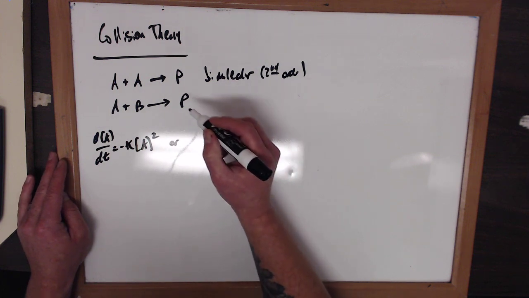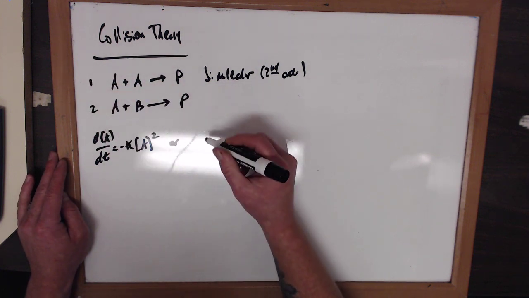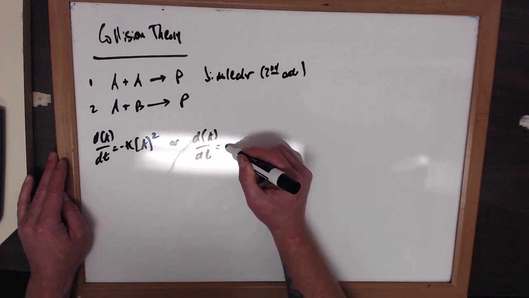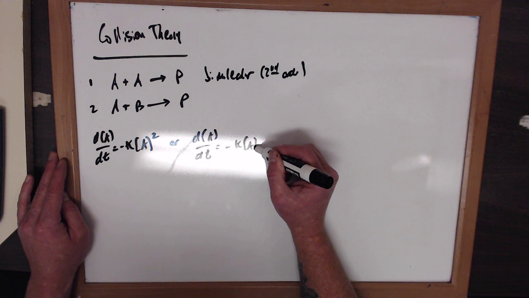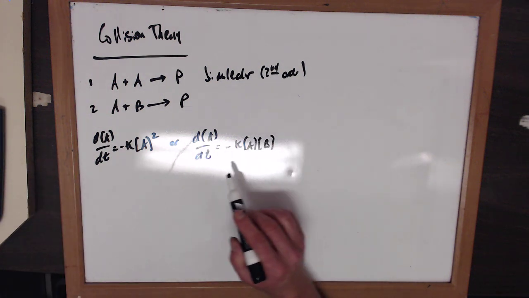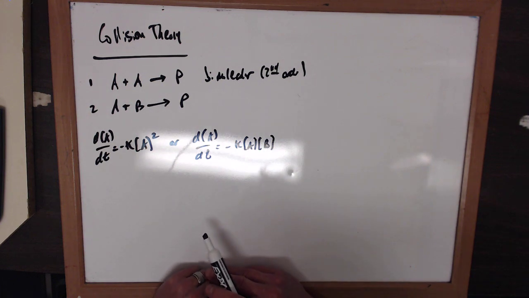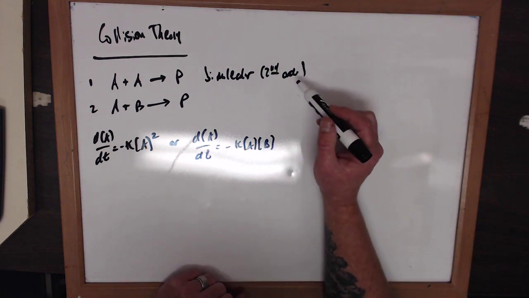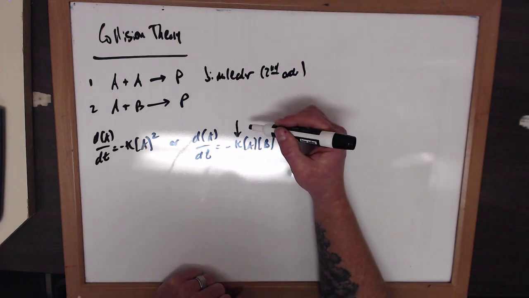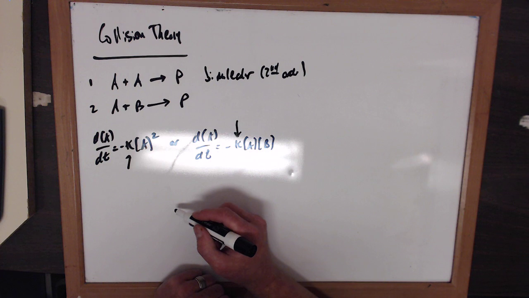Or for reaction 2, that would be negative k times A times B, where we note the negative sign is just telling us that the rate is negative. Okay? And so what we're interested in doing is seeing how collision theory can give us a first principle expression for the rate constant.